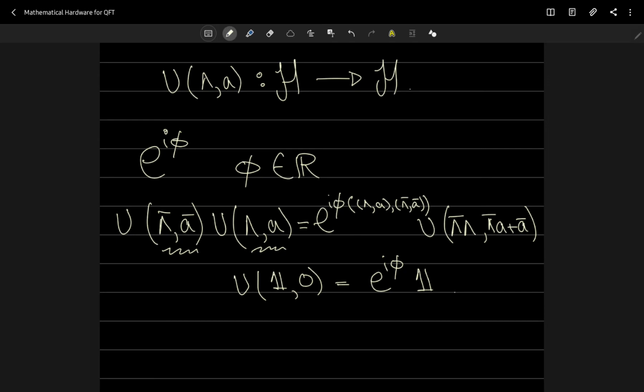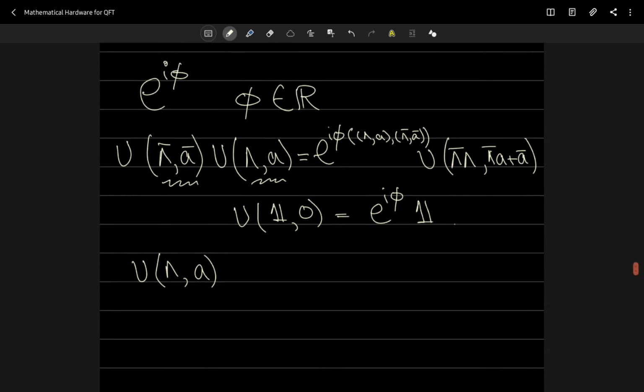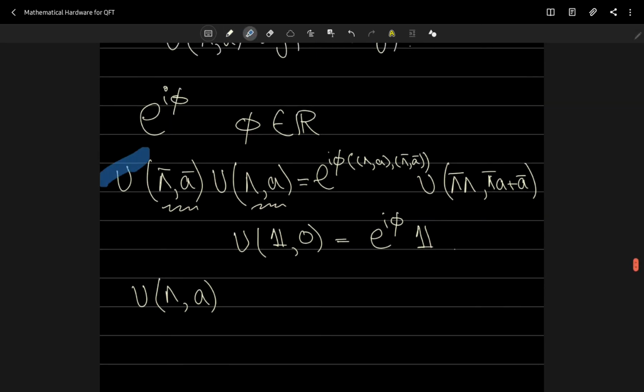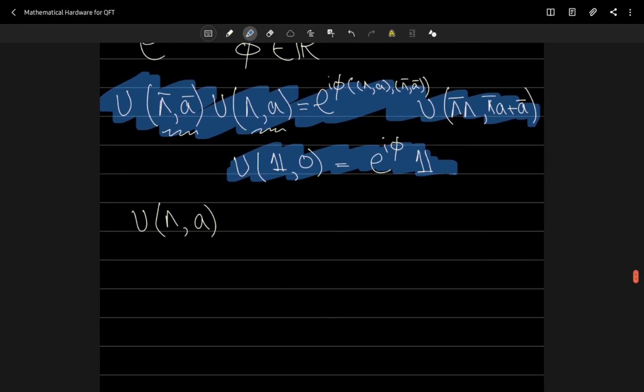Okay, so the family of transformations that is of this U lambda A, this unitary transformation that satisfies the equations that I just wrote over here, these ones, right? So one is this and the other one is this one. So again, the family of transformations that satisfy these equations is called projective unitary representation of P4, right?